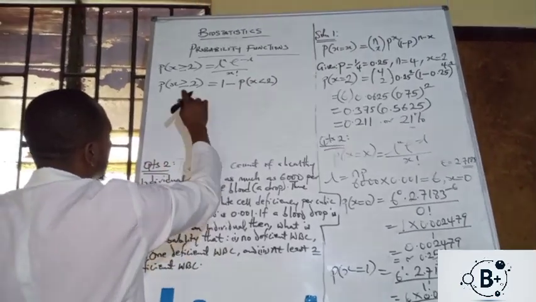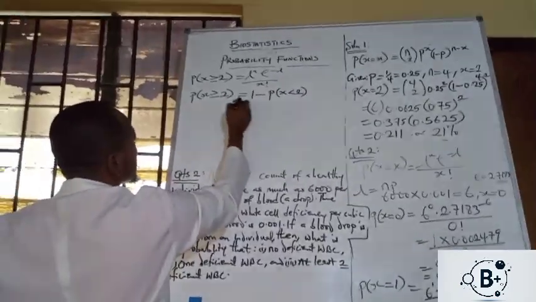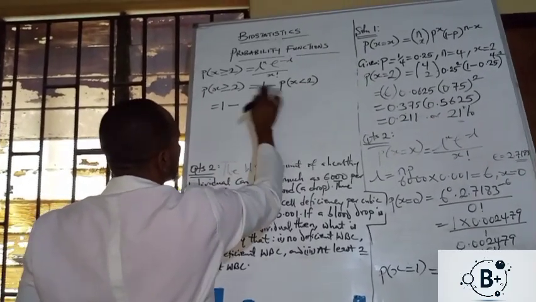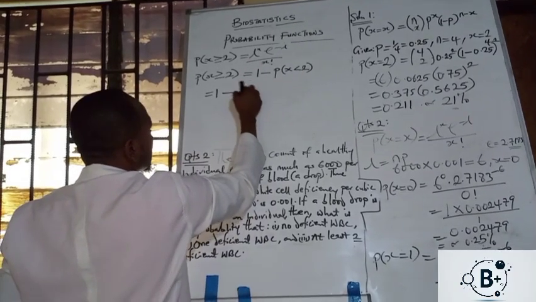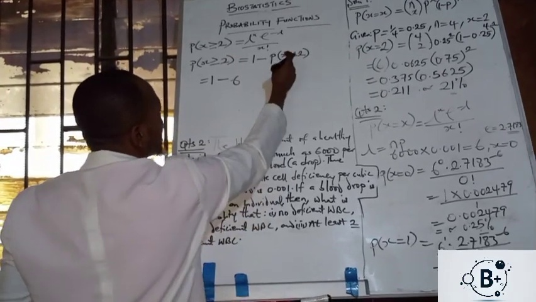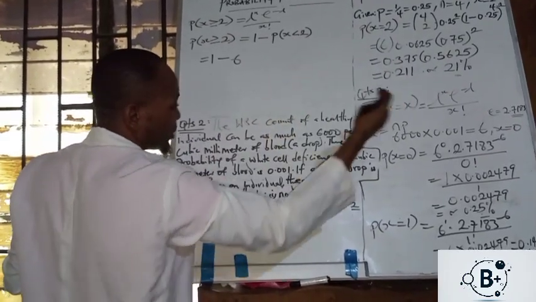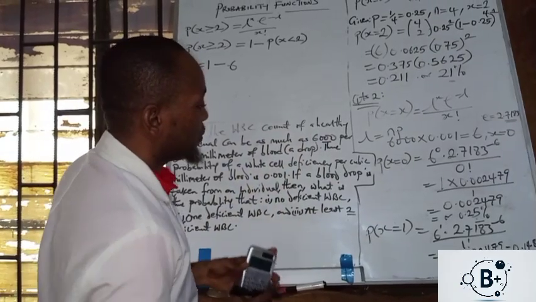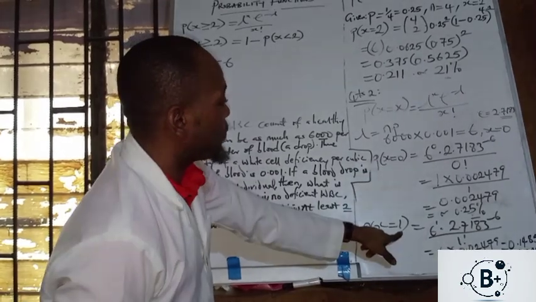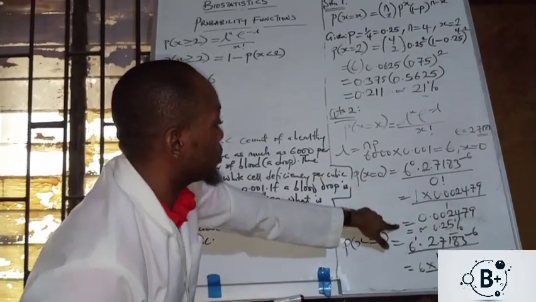So what this now means is we have the probability as 1 minus the probability of this one, which is now lambda to the S. We are counting from less than 2, so 0 and 1 is what we are calculating for. And remember that we've already calculated for 0 and for 1 before. So it's easy for us to substitute our value now.